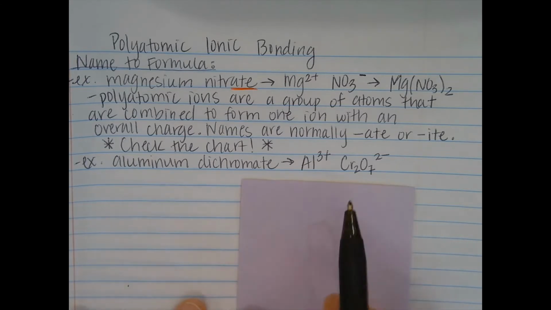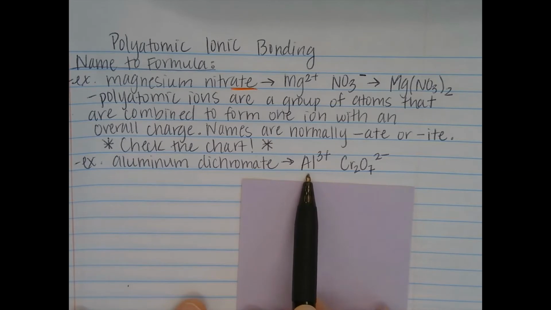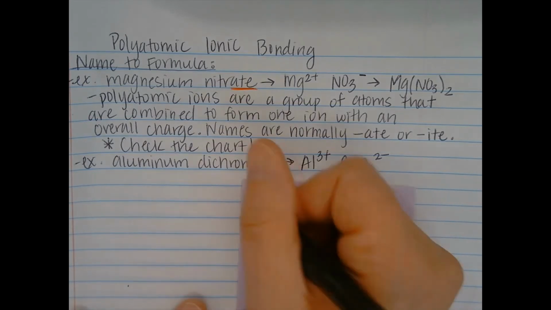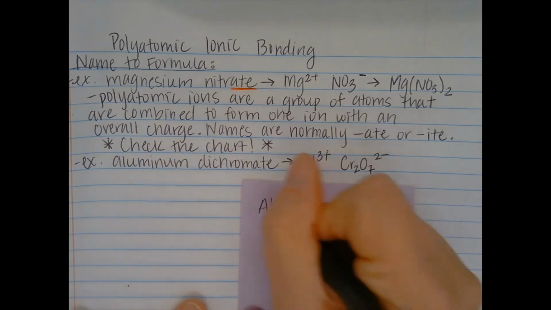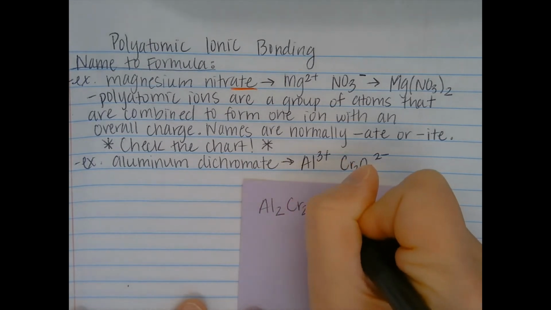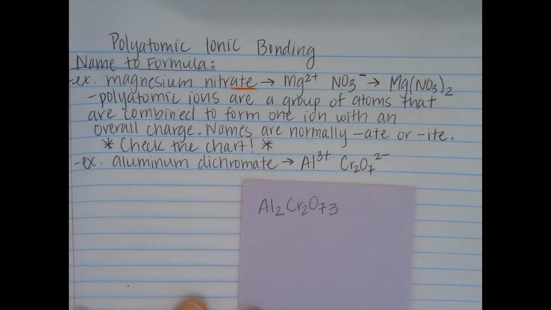And if I crisscross this, I'm going to end up needing 2 aluminums and 3 of my dichromates. So if I crisscross it, I would have Al2Cr2O7 3. Does that look right to you? No, because right now this tells us that we have 73 oxygens. No. We need 3 dichromate ions.